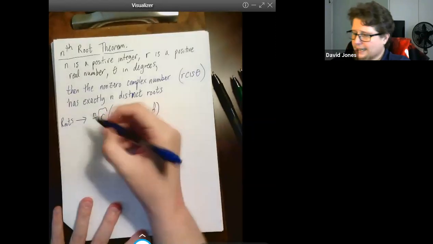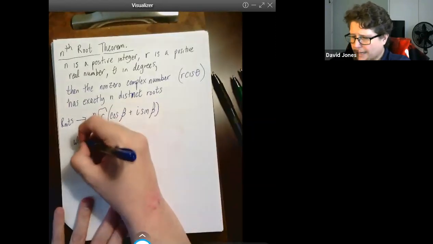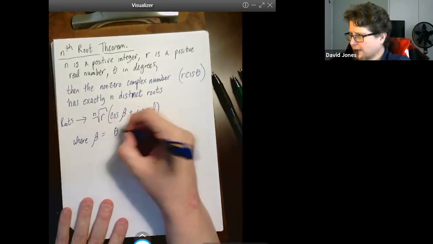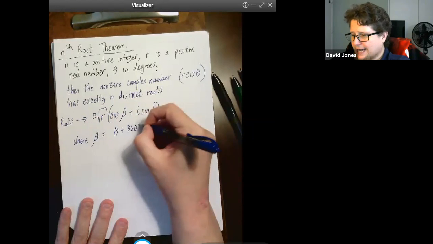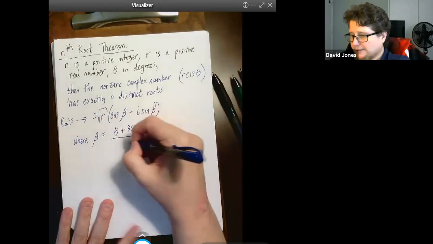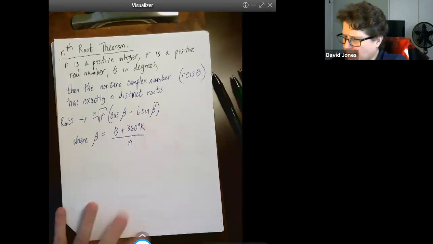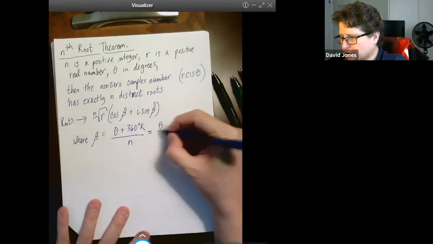And the important thing is where beta equals theta plus 360 degrees k divided by n, just like we did in the last problem. And that's separatable. You can do it like this.